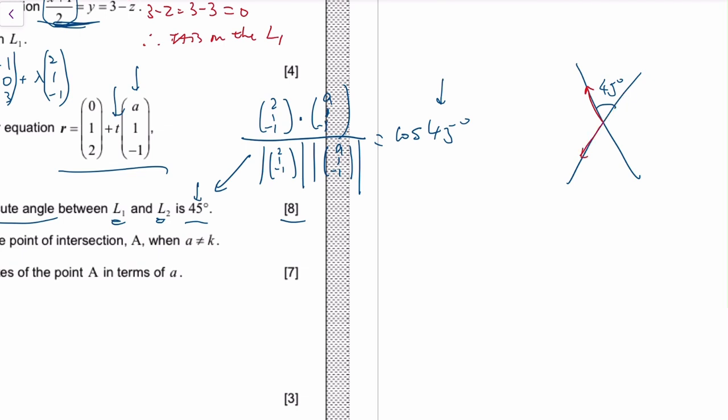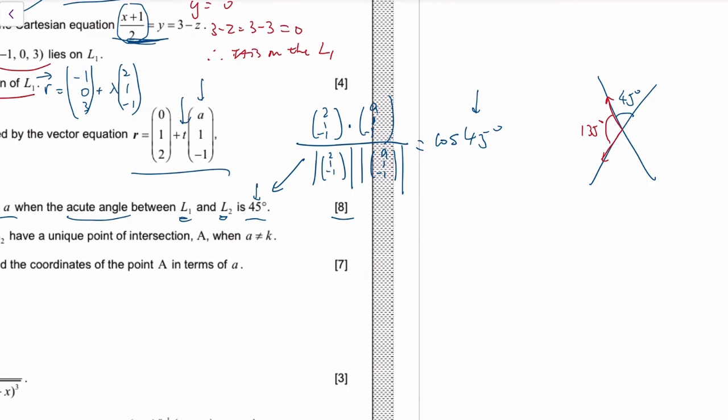Then the angle between the two direction vectors would actually be this one. So for two lines to have an angle of 45, it is also possible for the angle between the direction vectors to be 135. If you cosine them, you get 1 over root 2 and negative 1 over root 2.